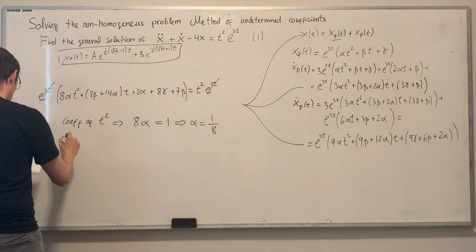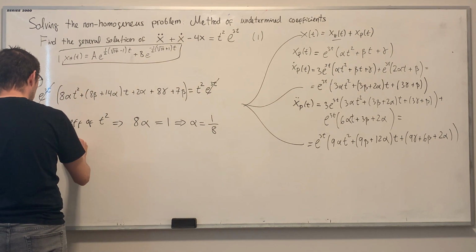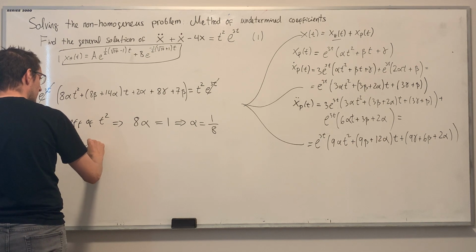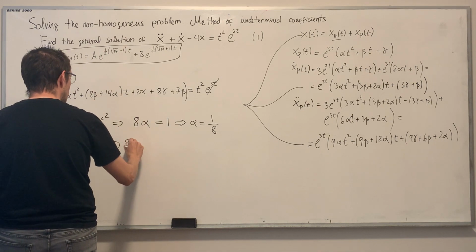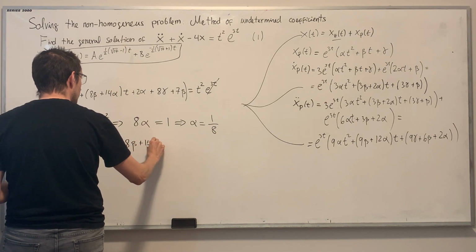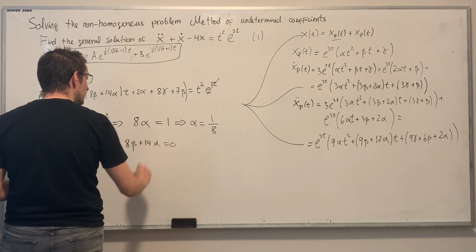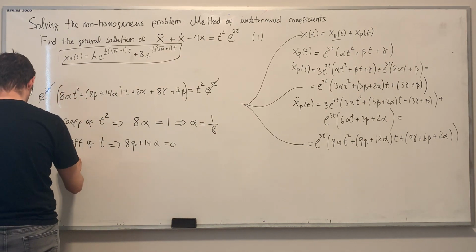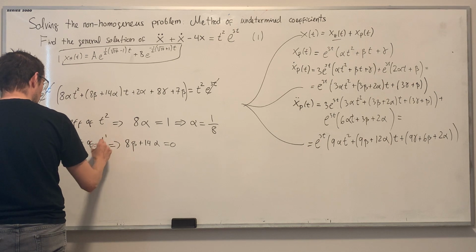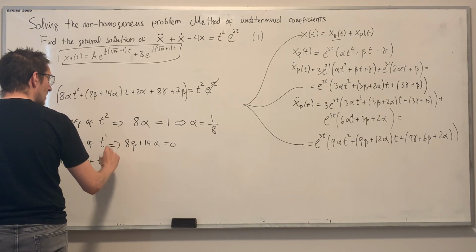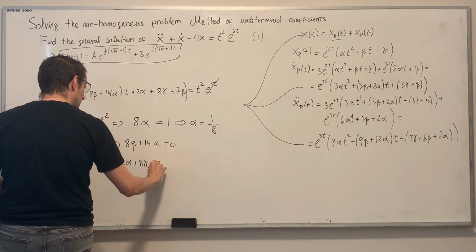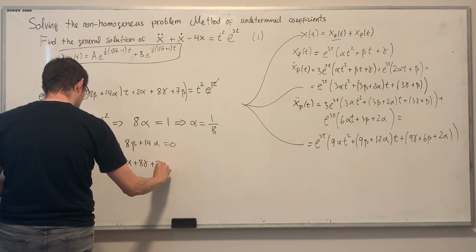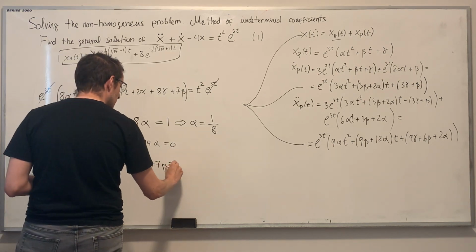All right, what about the coefficients of t? The coefficient of t on the left is 8 beta plus 14 alpha, and on the right, 0. Finally, the coefficients of t to the 0, the independent term: that is 2 alpha plus 8 gamma plus 7 beta on the left and also 0 on the right.